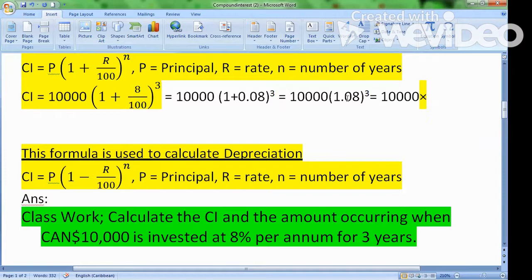All right, so 1.08 raised to the third power is actually 1.08 times 1.08 times 1.08. Then I'm going to multiply that by 10,000. So when you get that, this is the answer I got: $12,597.12. That is what I got, sir.